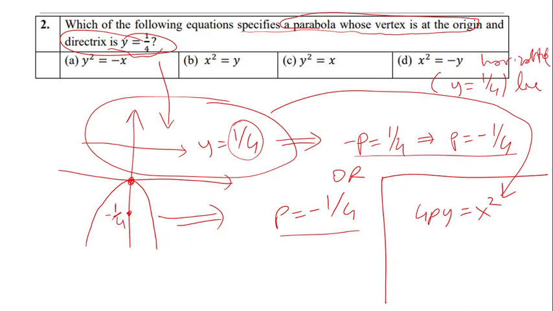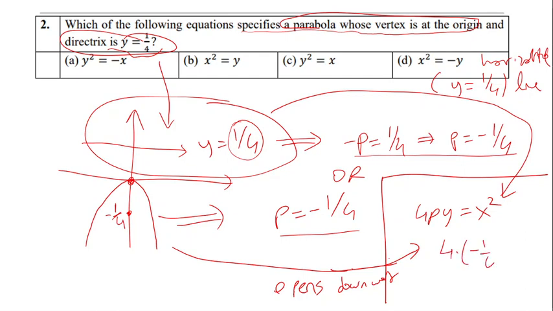Or you can say directly from it opens downward, so this is the y equal to x squared type. Now let's put the p-value: 4 times minus 1 over 4 times y equal to x squared. So then minus y equal to x squared, and this corresponds to y is equal to minus x squared.